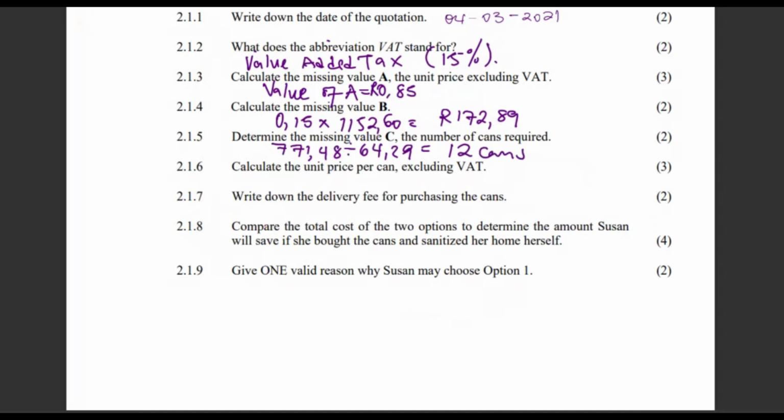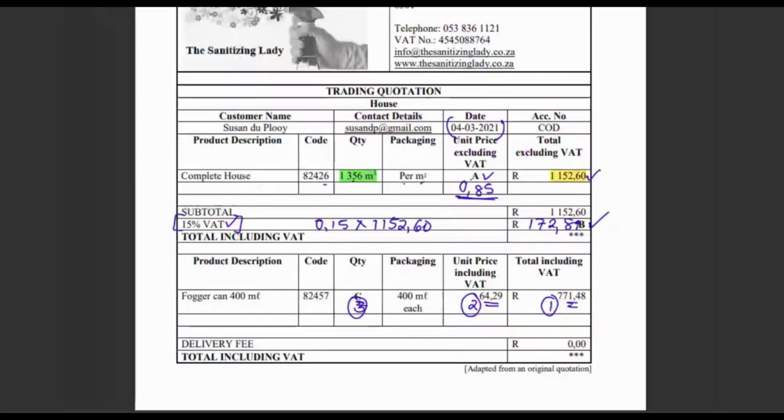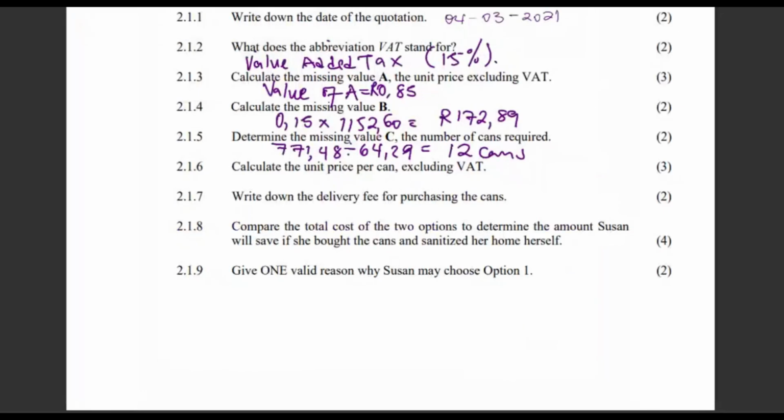Calculate the unit price per can excluding VAT. How do we exclude VAT? This already includes VAT, so how do we exclude it? They're telling us to calculate the unit price per can excluding VAT. The unit price is this much, and it already includes VAT.